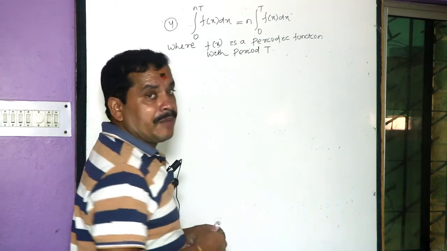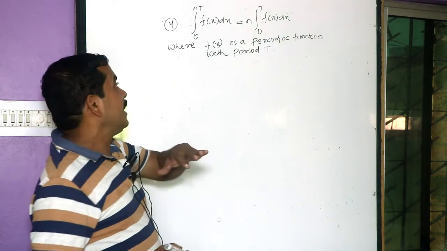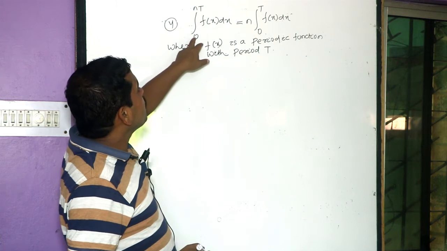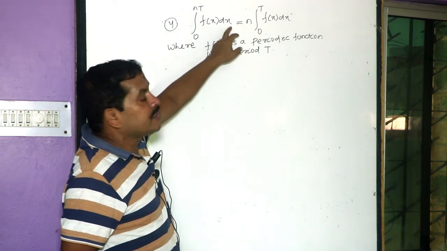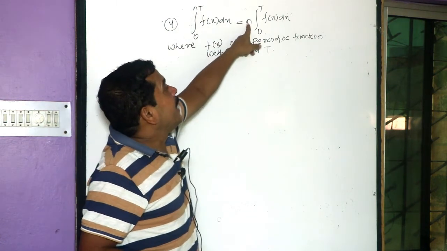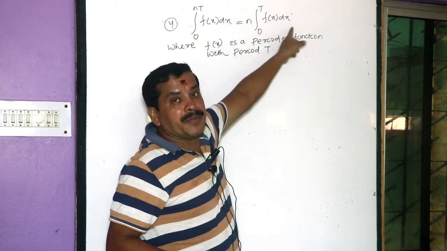If f(x) is a periodic function with period t and the integration is from 0 to nt of f(x) dx, then it will be n times the integral from 0 to t of f(x) dx.